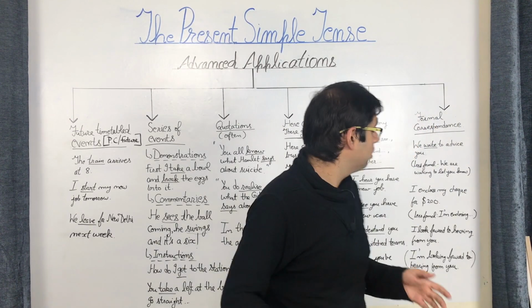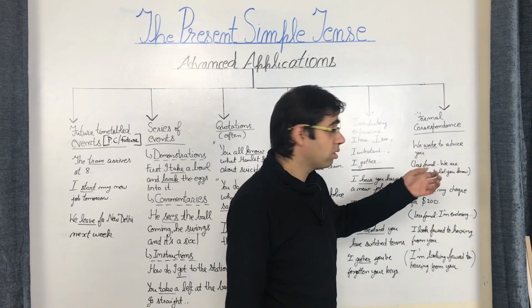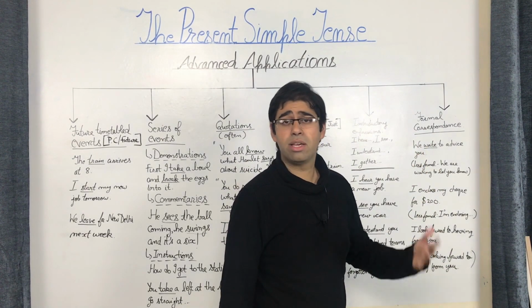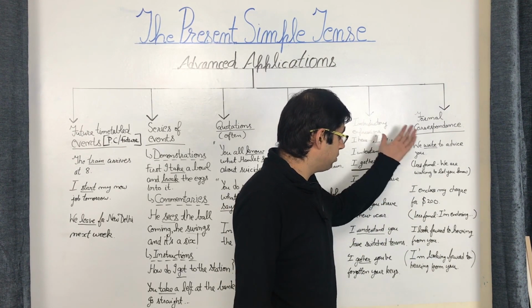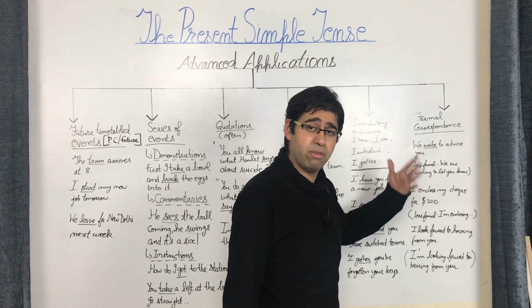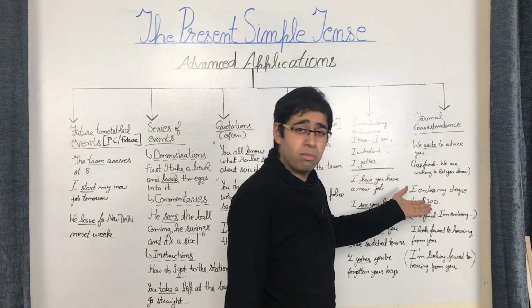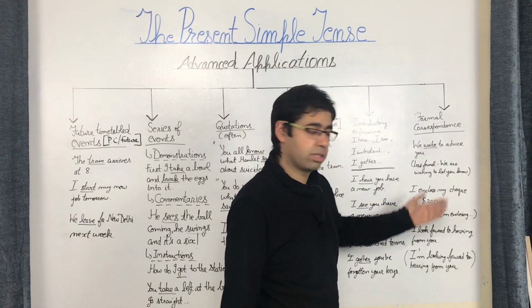And we come to the final advanced use, which is formal correspondence. All your mails or emails which are of a formal nature. So what do you have? You have introductory lines such as "we write to advise you." Now this is on a very serious note. The less formal version would be "we are writing to let you know" in the present continuous.